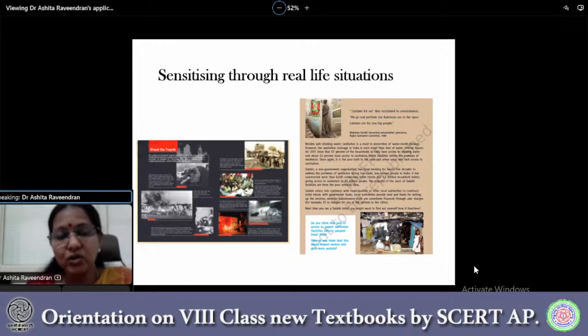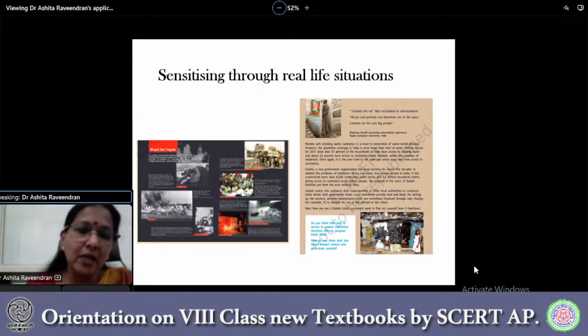Like we have photographs from the Bhopal gas tragedy, which will provoke the child to think about the situation, what the role of the government is there, how in case of sanitation the Sulabh toilets are being made, and how important it is for such people to have proper sanitation facilities, and how it will help the health and well-being of the whole society.